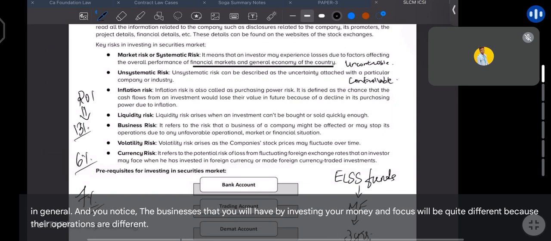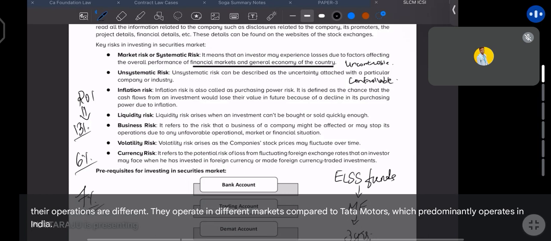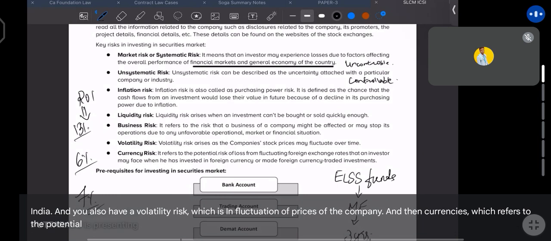They operate in different markets compared to Tata Motors, which predominantly operates in India. And you also have volatility risk, which refers to the risk of fluctuation in the prices of the company. And then you have currency risk, which refers to the potential risk of loss from foreign exchange conversion.